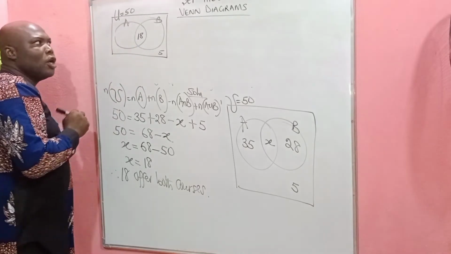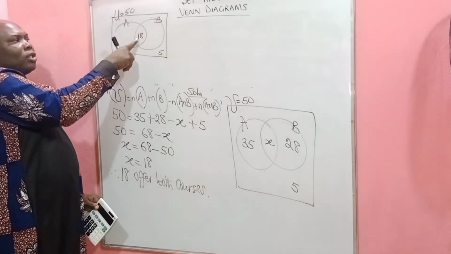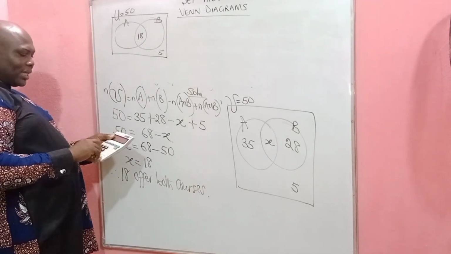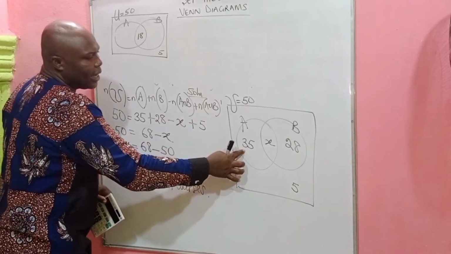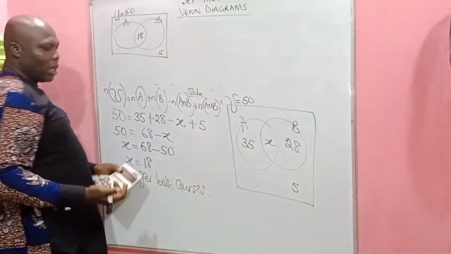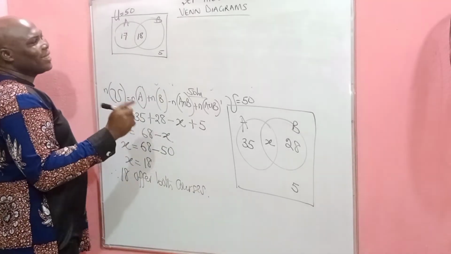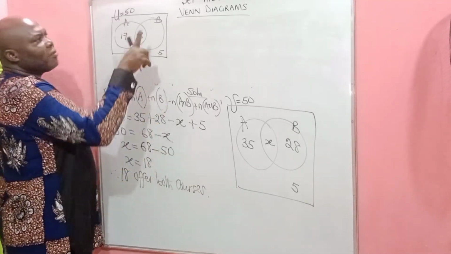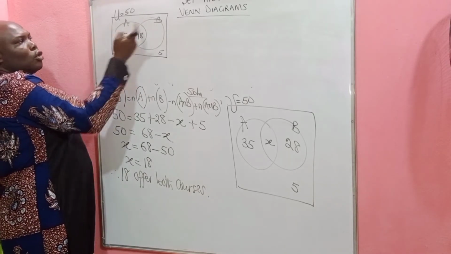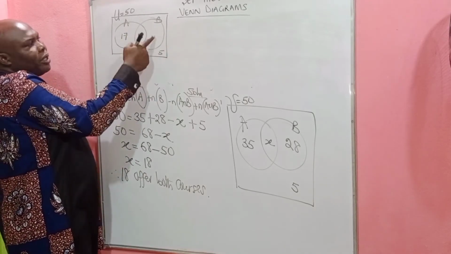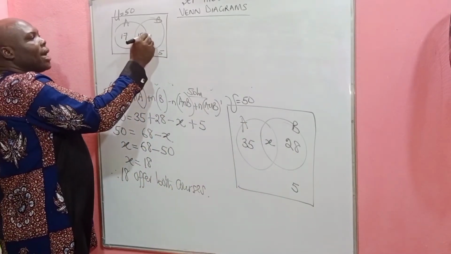So for us to know those that purely attend accounts without venturing into the biology class, you take the 35 and subtract 18, and that will be 17. And then we also have 28 that offer biology. But out of that 28, 18 also attend accounts class. So for purely biology, it will be 28 minus 18, and that gives you 10.